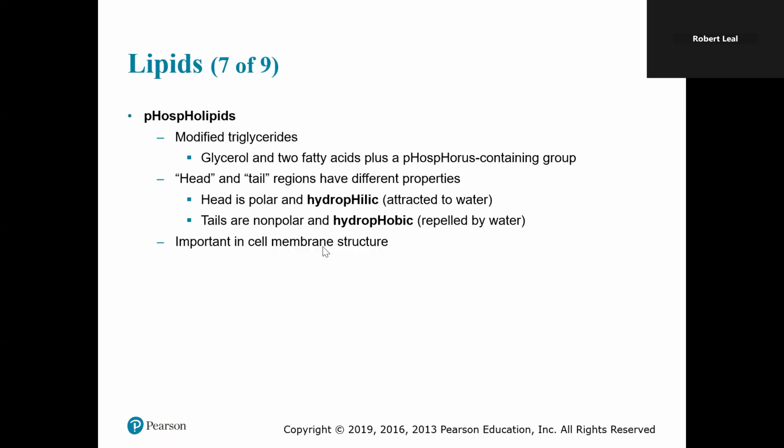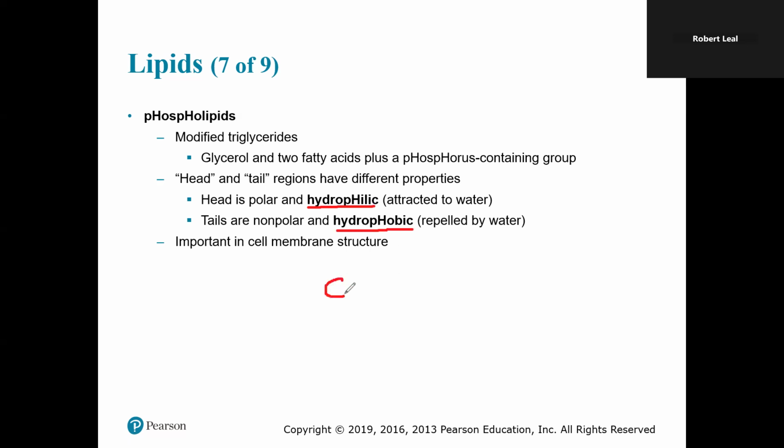All right, now phospholipids. It's a lipid where a part of it is polar and the lipid part is nonpolar. Things that are polar like mixing with water. Things that like mixing with water are hydrophilic, and things that do not like mixing with water are hydrophobic.